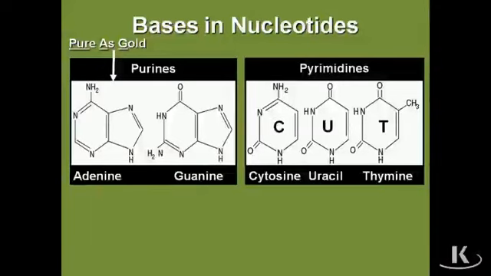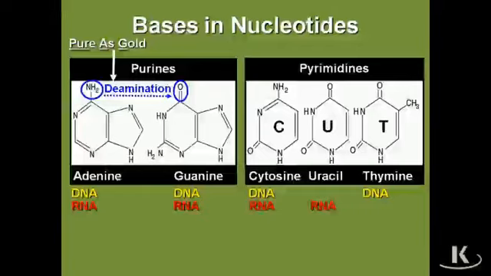Now, remember, in DNA, you're going to see A's, G's, C's, and T's, whereas in RNA, you're going to see A's, G's, C's, and U's. Okay, we'll use those single letter abbreviations to save oxygen. We have global warming going on and so forth. So, adenine, guanine, cytosine, and thymine are found in DNA, whereas adenine, guanine, cytosine, and uracil are found in RNA.